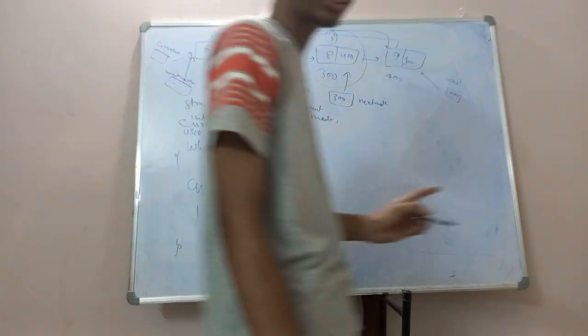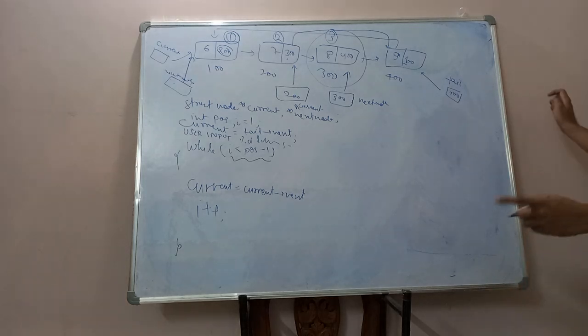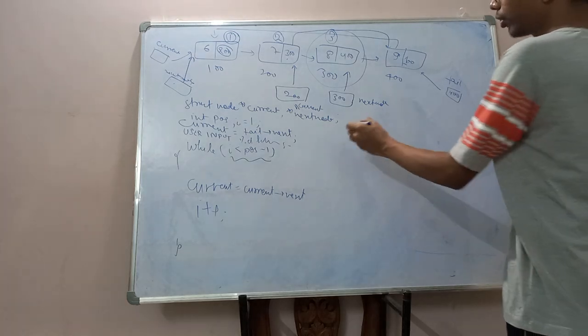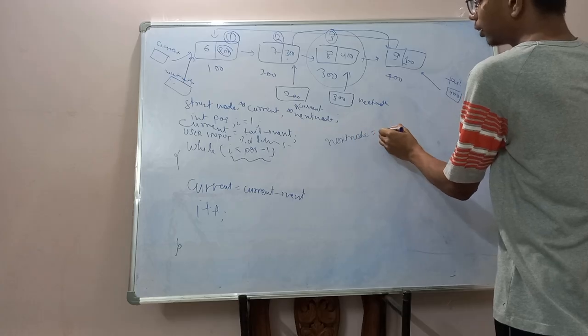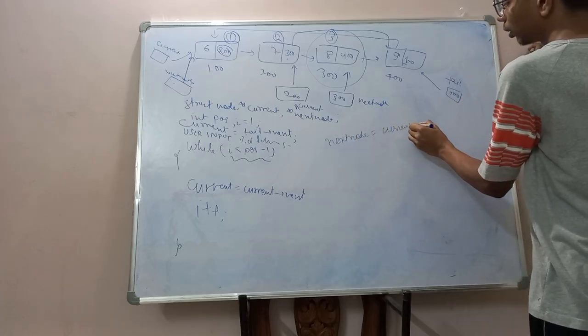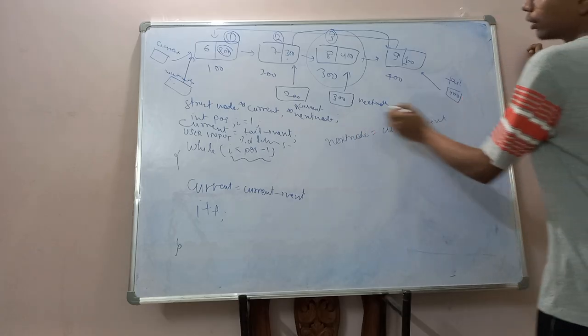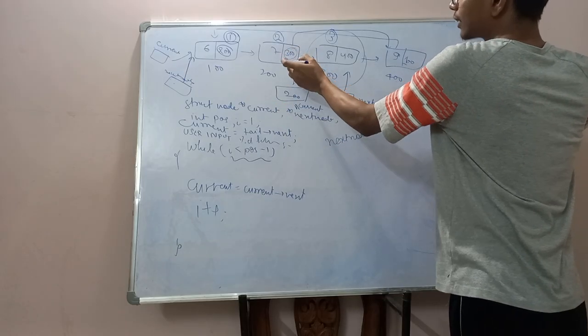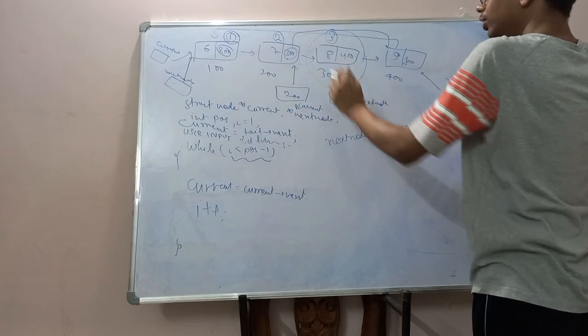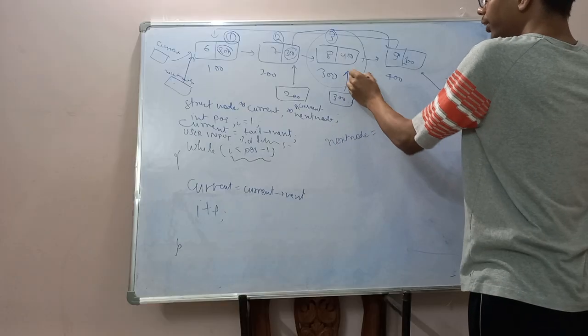Now to delete this, what will I write? I will write next node equals current next. Current is pointing here, right? And I access this member, store it in my next node, and this will point here.